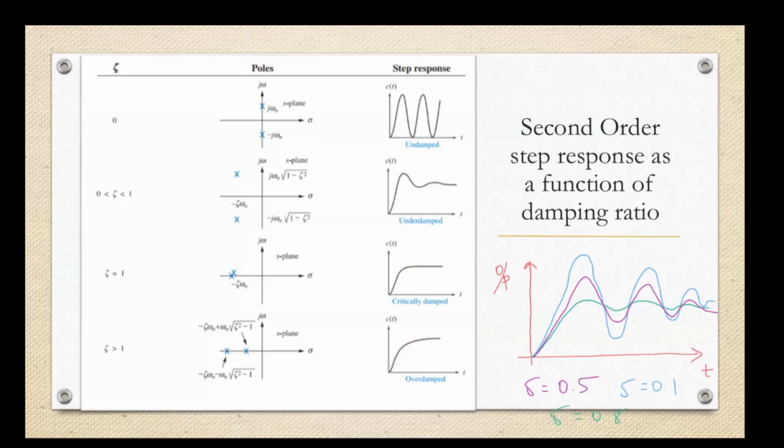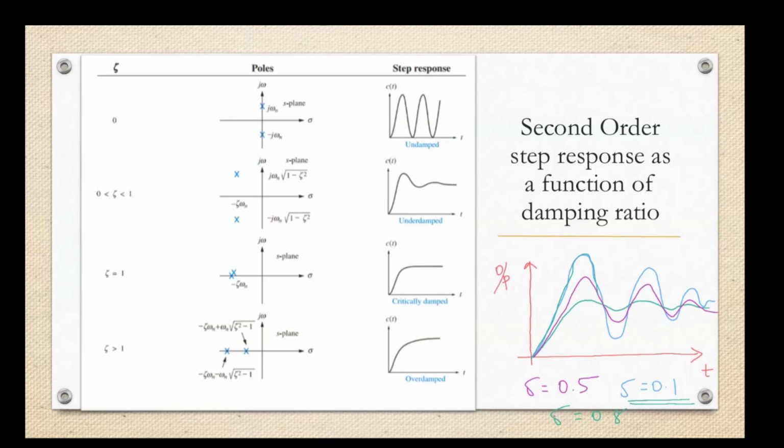So this is the effect of different damping for a second order system. When the damping factor value is 0.1, there are large oscillations. So the waveform will have large oscillations, and as it increases to, say, 0.5, it has lesser oscillation.